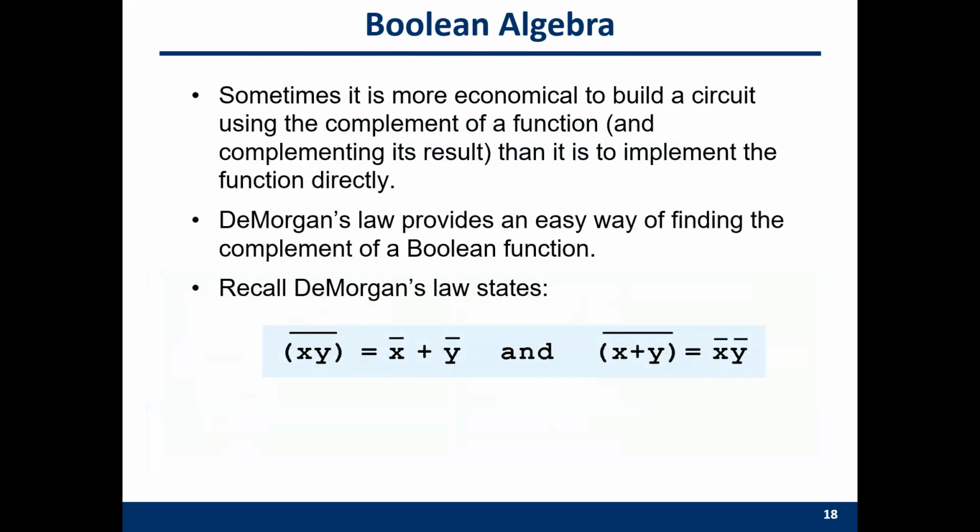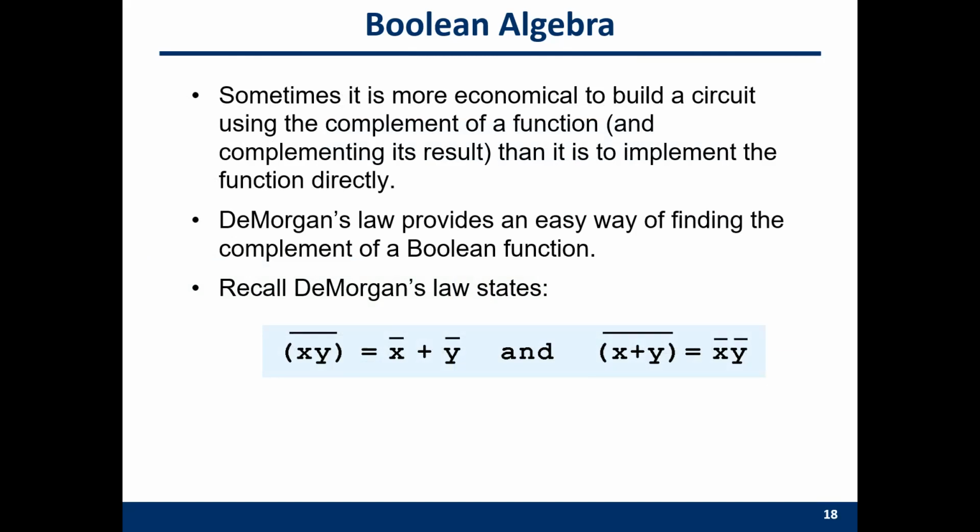So sometimes it's cheaper to build a circuit using the complement of a function than to directly implement it. So in this case, we will use the De Morgan law.